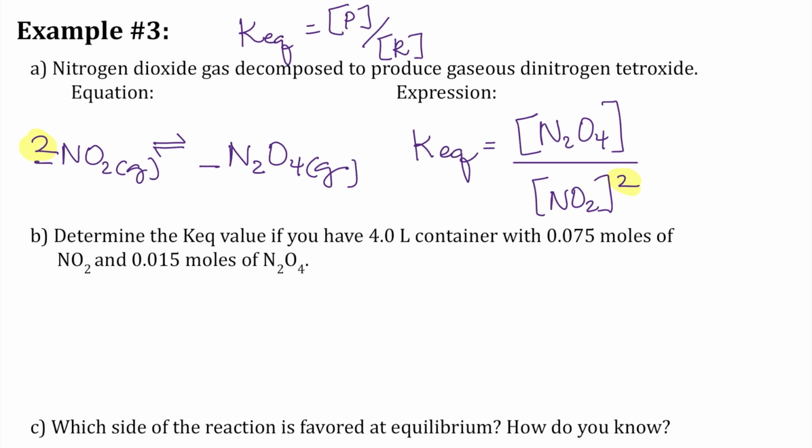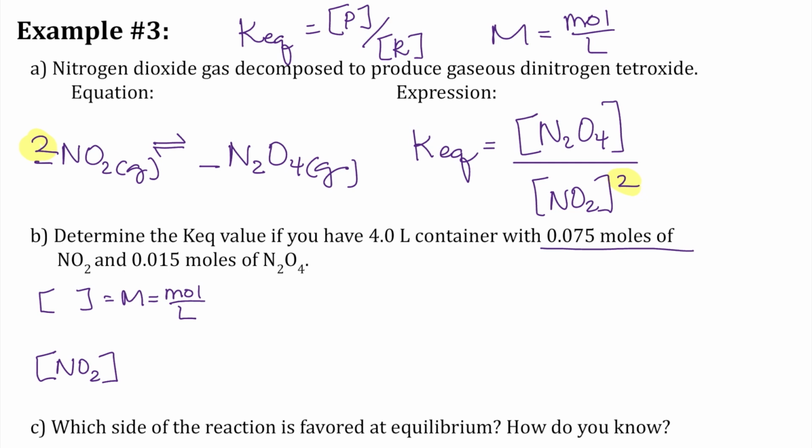Determine the KEQ value if you have a 4-liter container with 0.075 moles of NO2 and 0.015 moles of N2O4. Well, concentrations, molarity, is moles per liter. And so with this, we do need to figure out, okay, what is the concentration of each of those? So that concentration, moles per liter, let's find, well, what is our concentration of NO2?